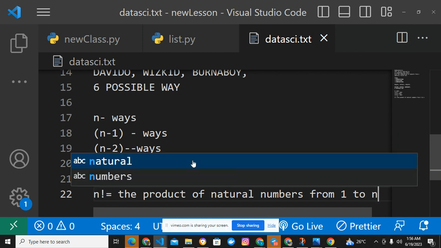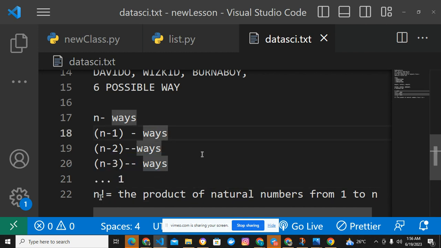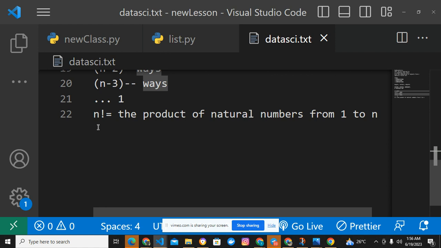That is this n factorial here, this n here. So if I have 7 factorial, which was used in Google as example, it will be the product of natural numbers from 1 to 7. If I have 8 factorial, it will be the product of natural numbers from 1 to 8.